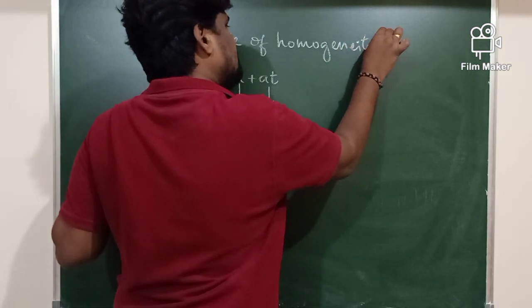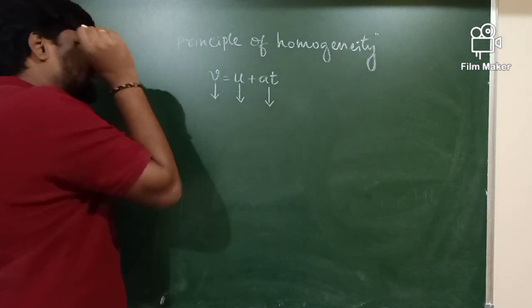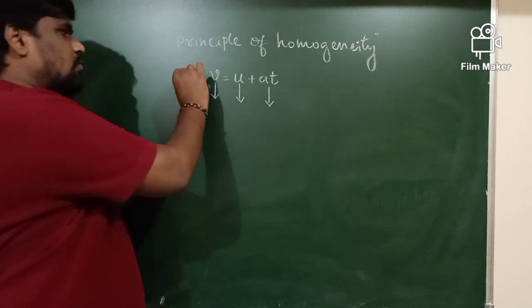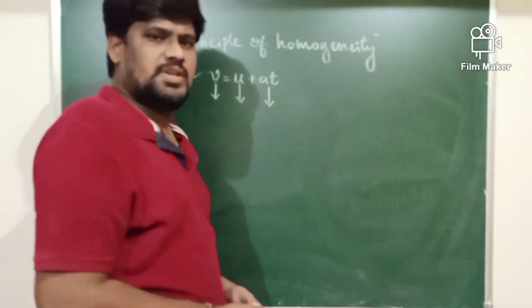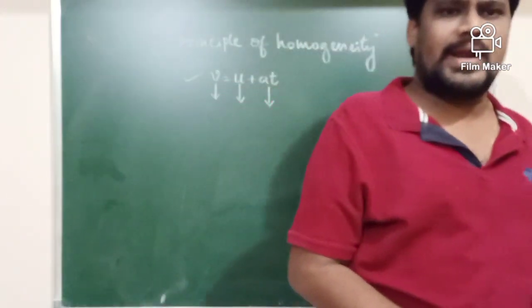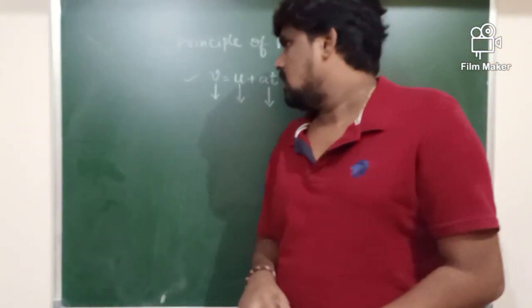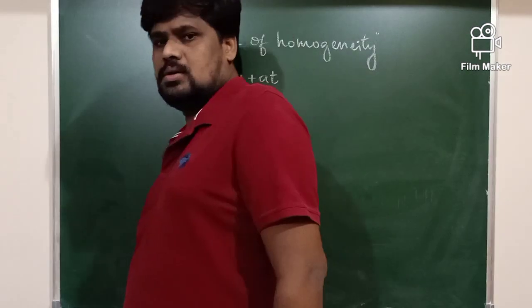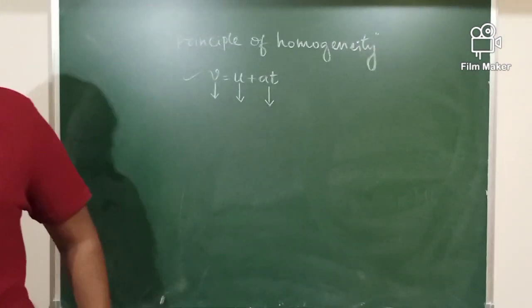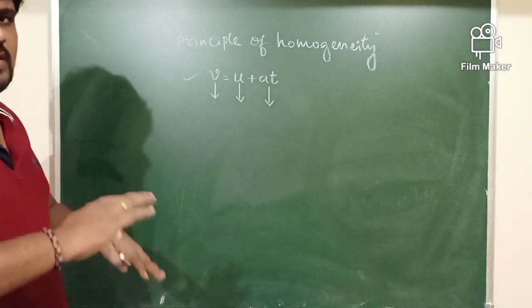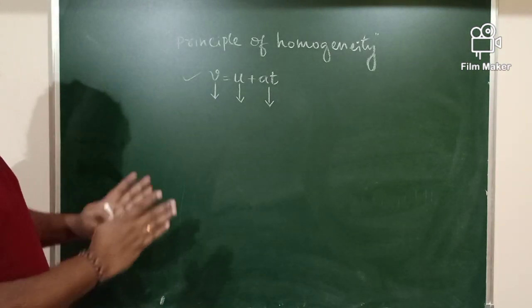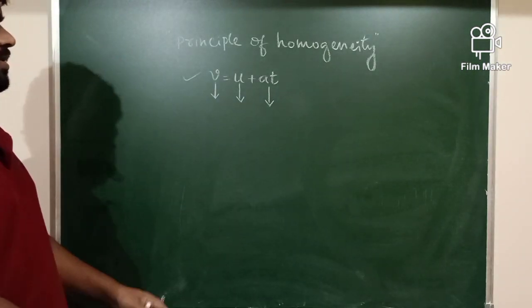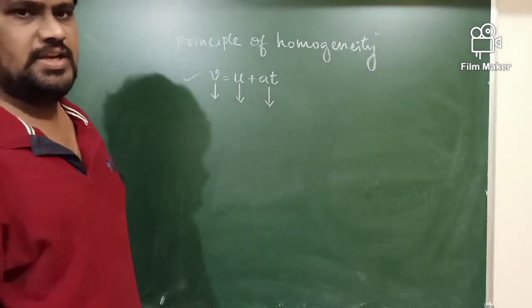So this principle of homogeneity is a principle which is used to check whether a given equation is dimensionally correct or incorrect. So let me focus on the statement of the principle of homogeneity, because our next questions completely depend on the statement of the principle of homogeneity.